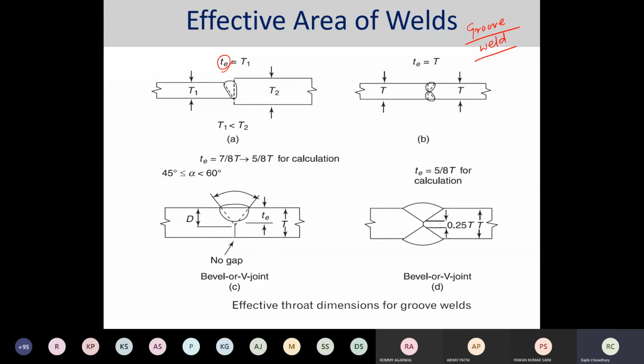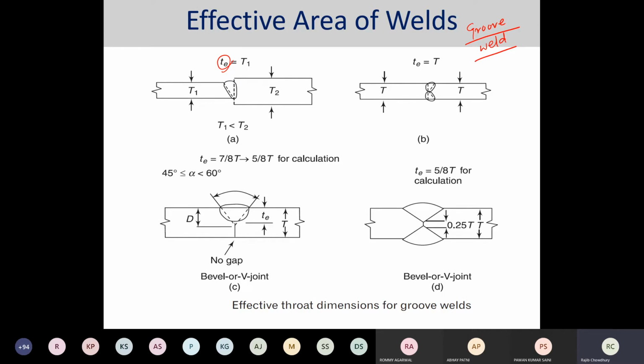In this particular groove weld, you may encounter many different notations specified over here. For example, in figure A, two members of different thickness are being connected together. So what could be the throat thickness? Throat thickness could be the minimum, the thickness of the thinner part.